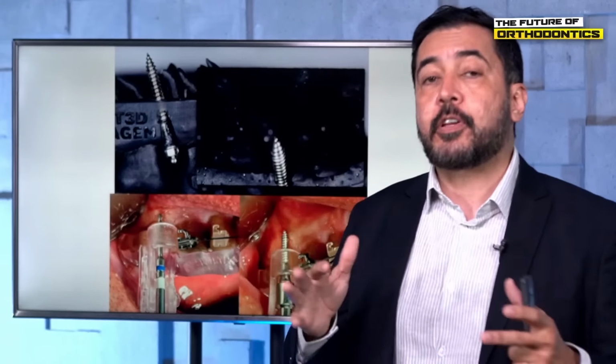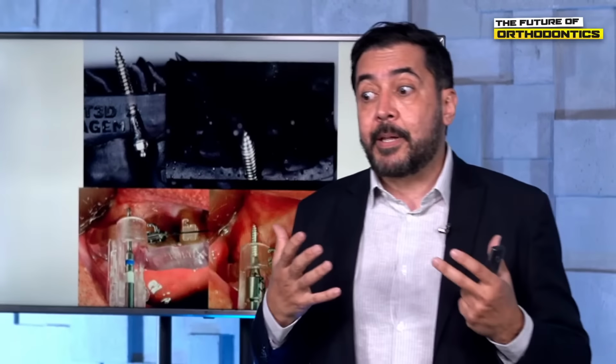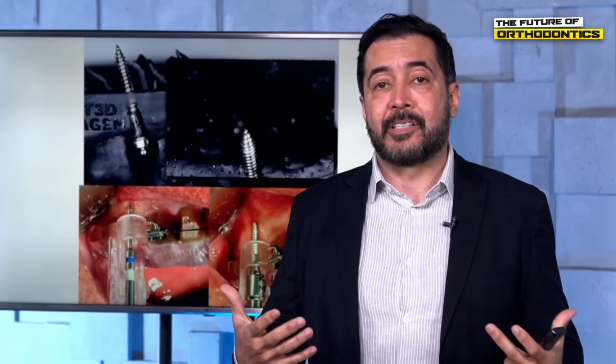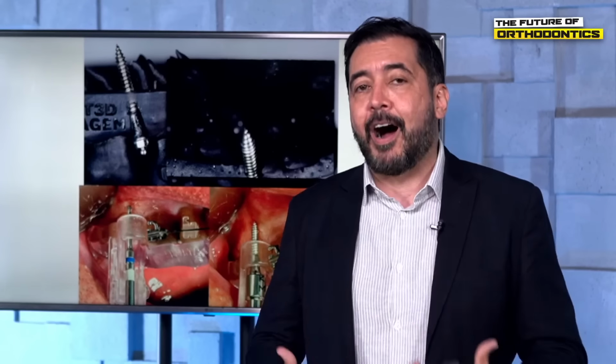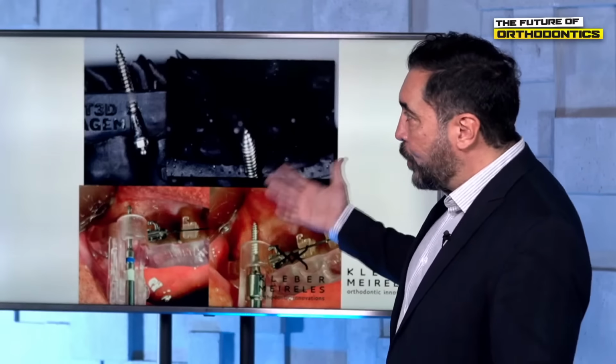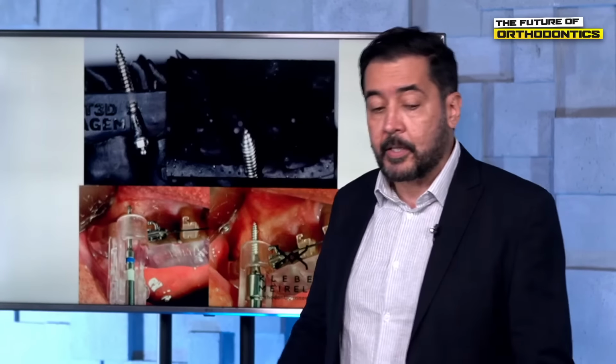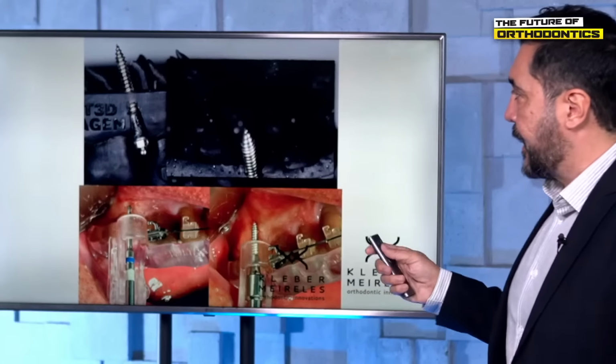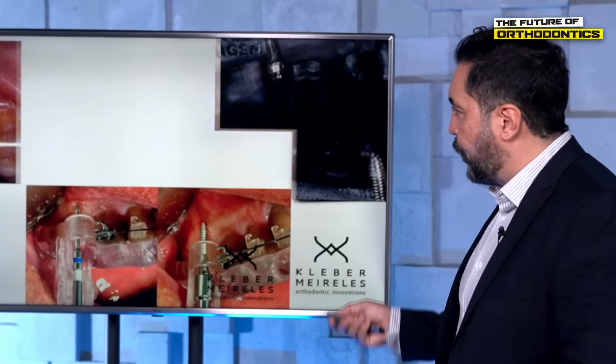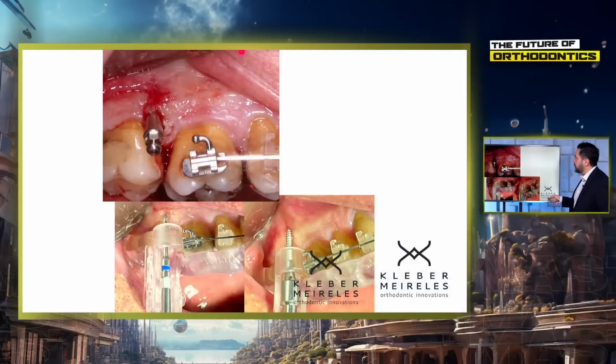Unfortunately, I don't have enough time to show you how I do it, but I'm really in love with this type of planning. This type of planning gives me freedom and gives me an easy mind, a free heart, because sometimes I don't even know when I'm positioning the mini implant. This way I know, this way I can do. And I'm using that for giving the treatment that I need.